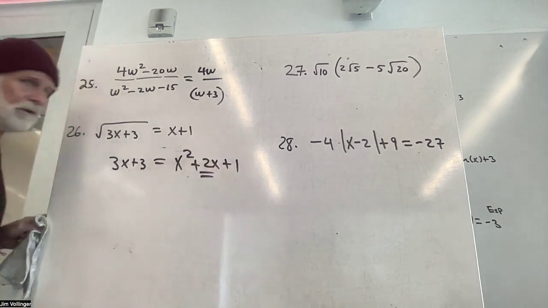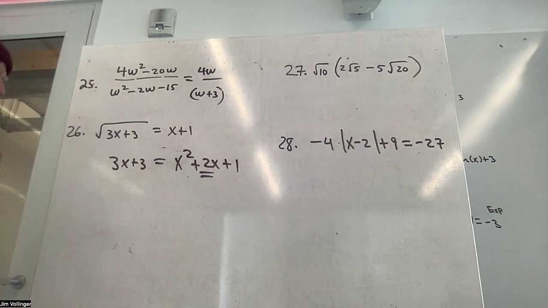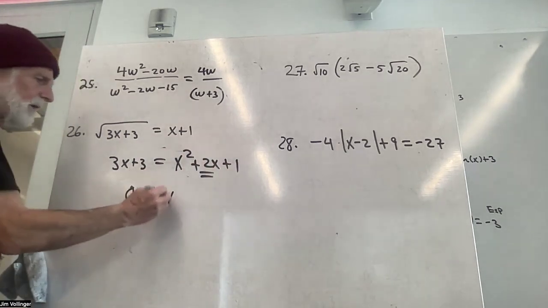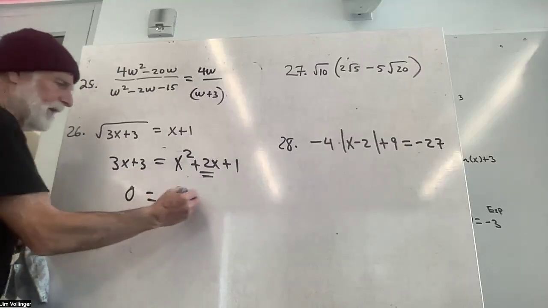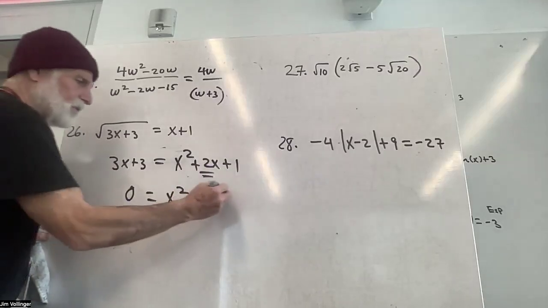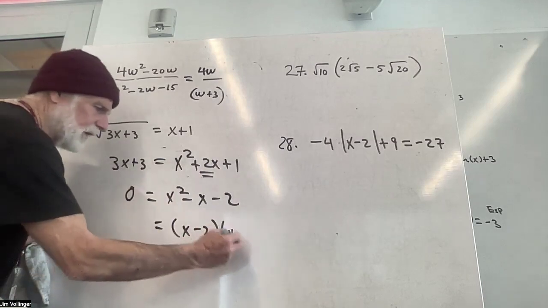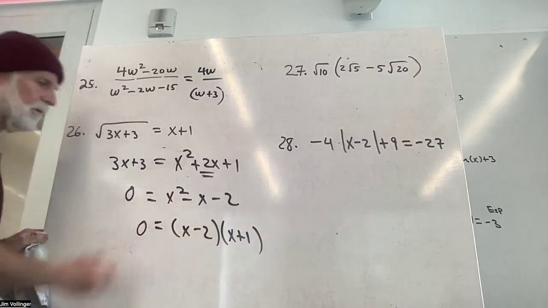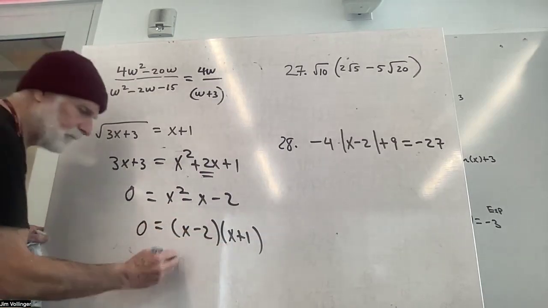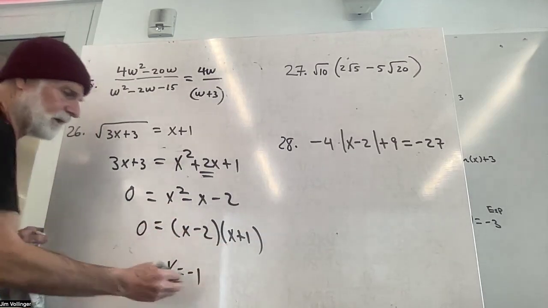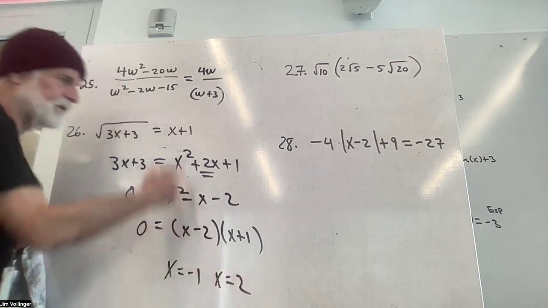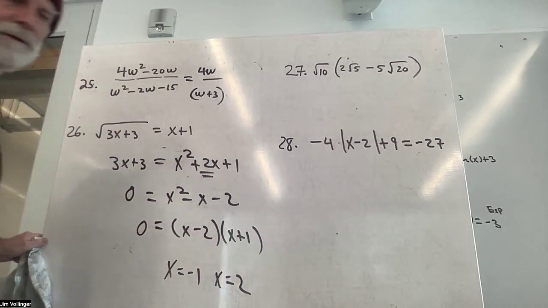I'm hoping that you're getting that term now. So we set it to 0. We got x squared minus x minus 2, which is x minus 2 times x plus 1 equals 0. Well, there's our -1. And there's our x equals 2. Sometimes you get extra answers, so you got to be careful.